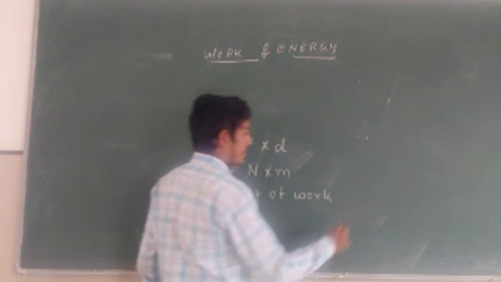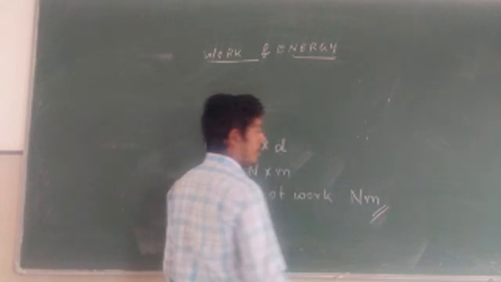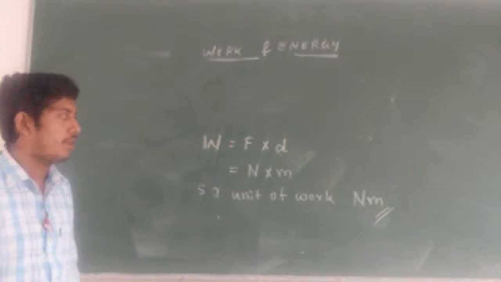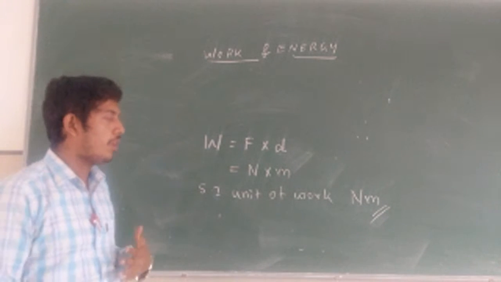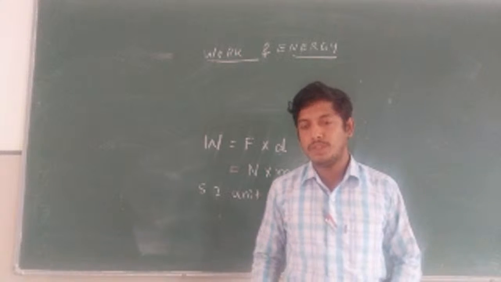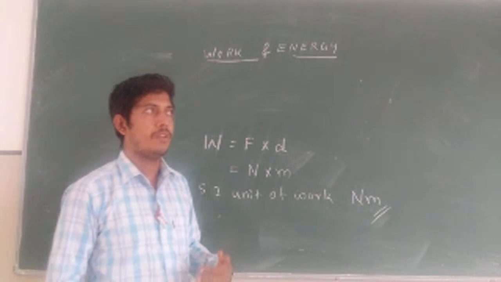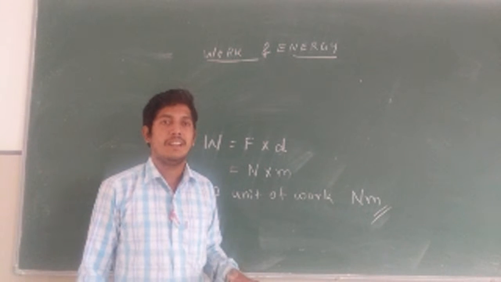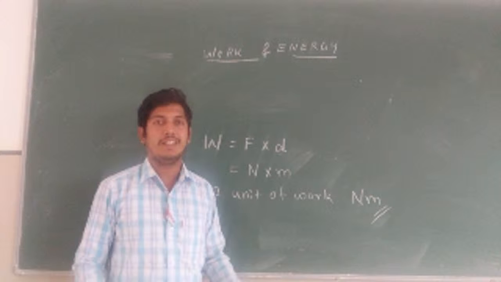Force is in Newton and distance is in meter. Therefore, we can write the SI unit of work as Newton meter, because work is the product of force and distance. By the application of force, if the object is displaced from its initial position, then by multiplying that distance by the applied force we will get the work.